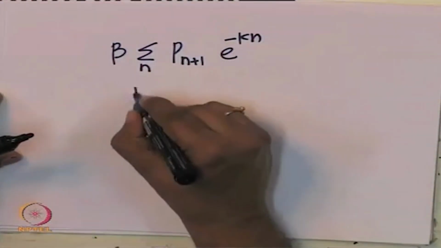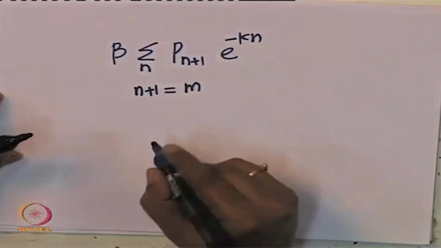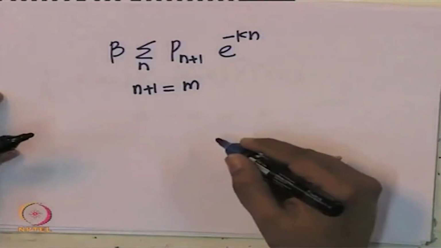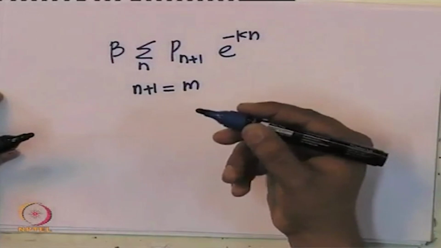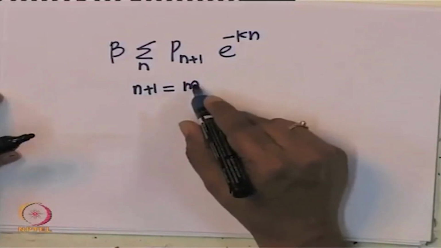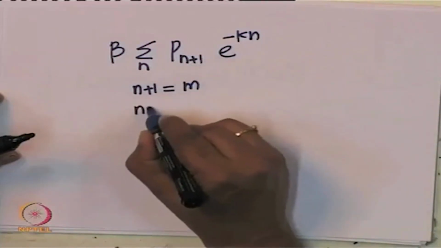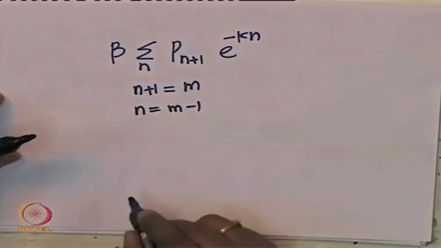Here I will use the trick: I will call n plus 1 equal to some m. I could call it m or q or p or whatever, another integer. Then wherever I substitute n plus 1, I could put m, so that means n is equal to m minus 1.